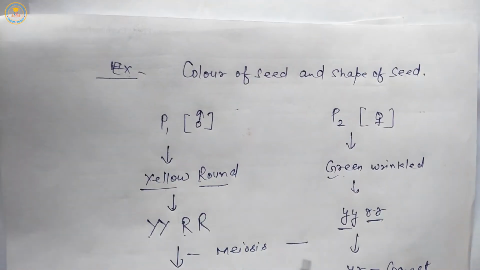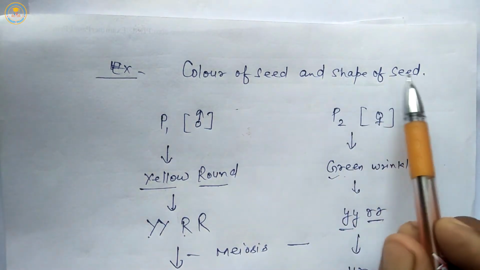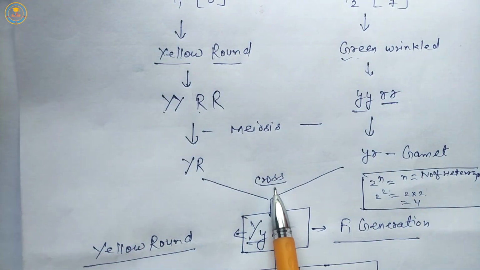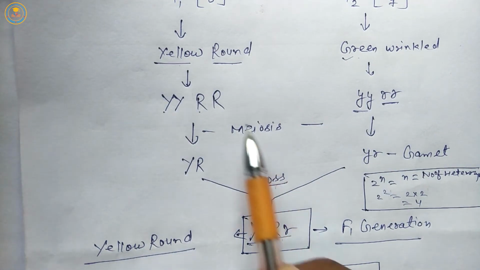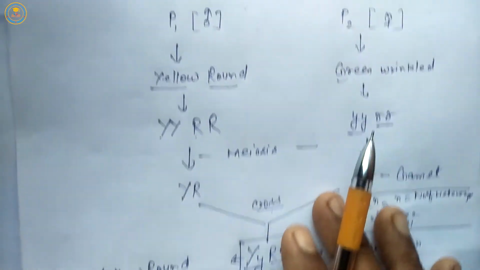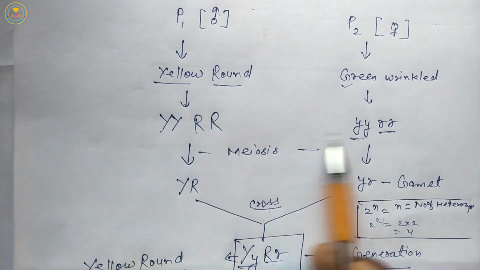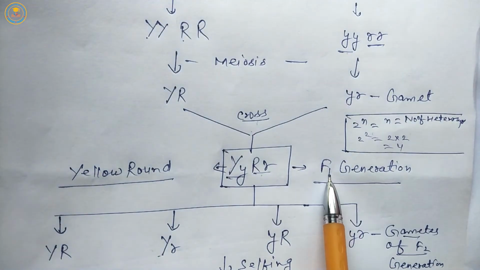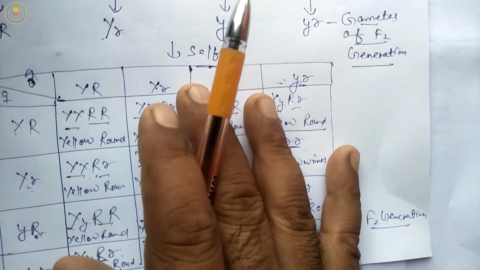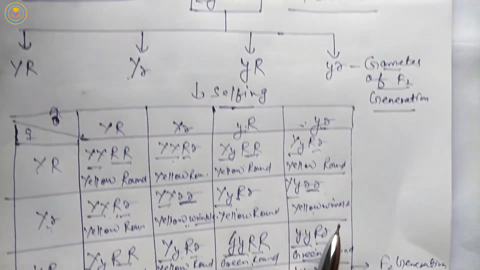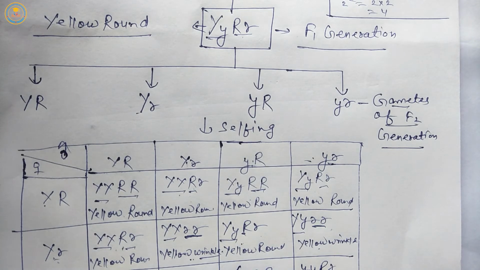When we take two contrasting characters, it means two traits, and cross each other, forms the F1 generation, and after the F1 generation, the F2 generation is formed. In the F2 generation, traits are independent. So this law is called independent assortment.